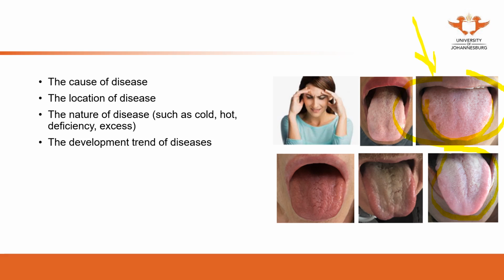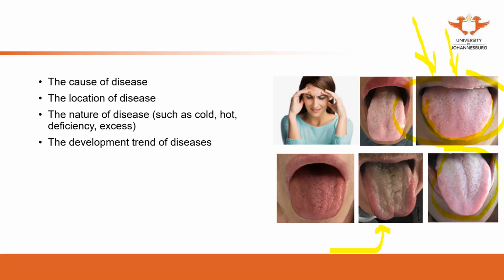And then when you identify the syndrome, you need to identify the development change of the diseases. A patient suffering from COVID-19 presents with this tongue, and another patient suffering from COVID-19 presents with this tongue. What are the differences between these two patients, and what are the development changes of these diseases? These are something we need to think about.